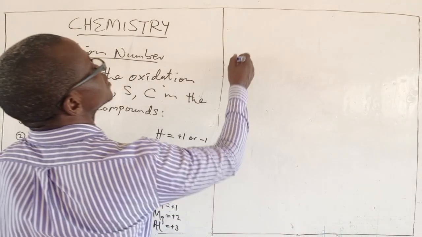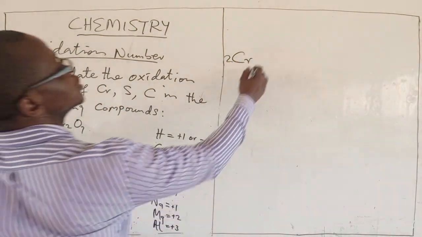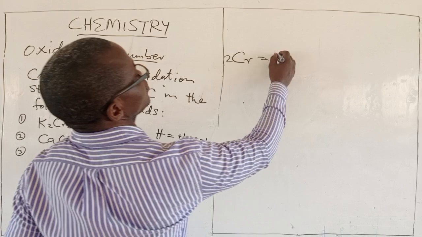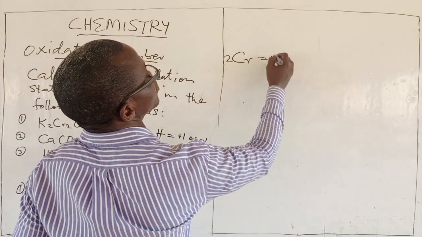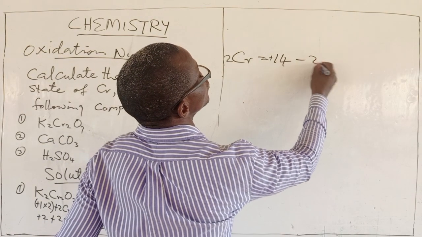So I will say 2Cr equal to, taking this across the sign of equality, it becomes +14. Now taking +2 across the sign of equality to this side, it becomes minus 2.